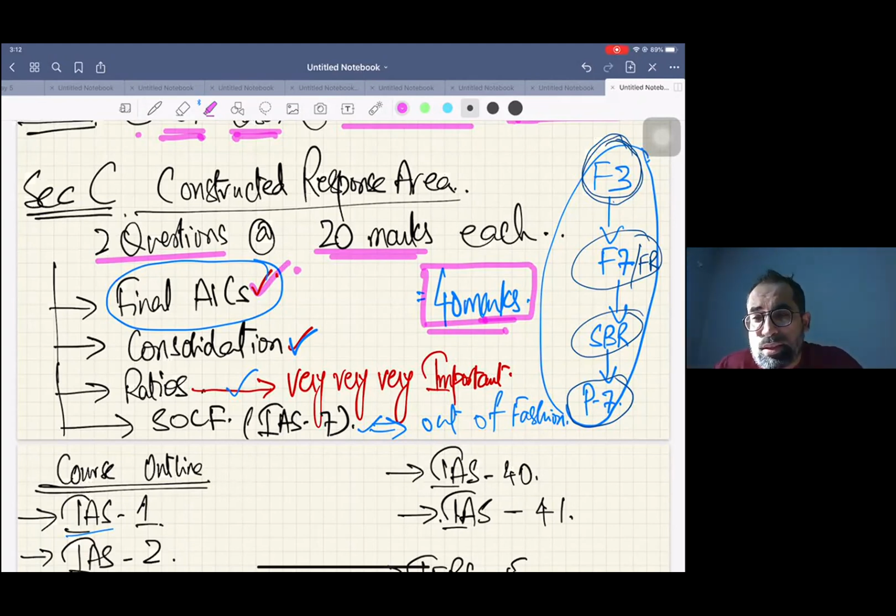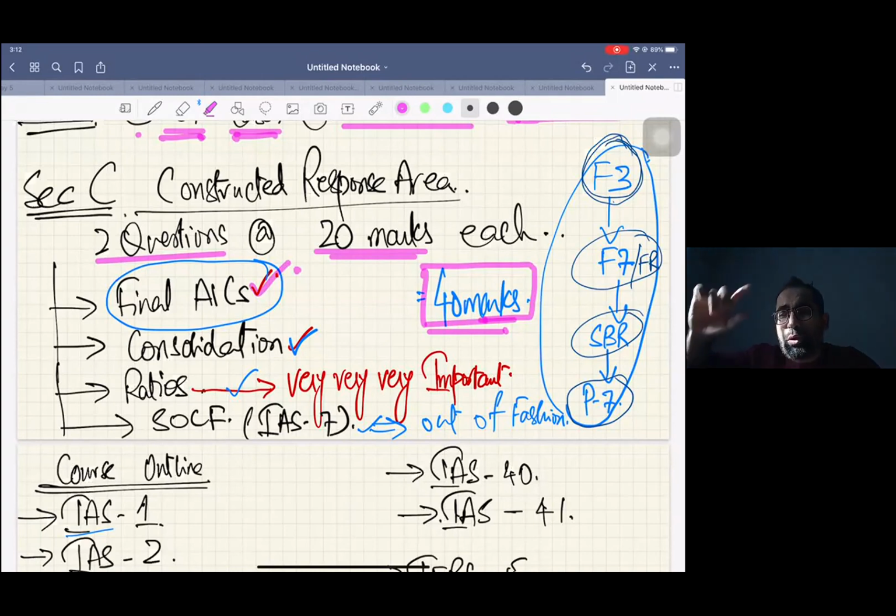But with respect to time, now the latest questions are from profit reconciliation. Means the accountant has already made the income statement in the question, or the accountant has already calculated the profit, but that profit is wrong.